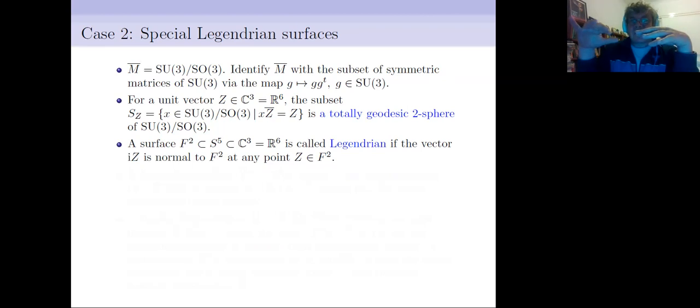So you have a 2-dimensional surface in your sphere, which is a 5-dimensional sphere in C3. You have multiplication by i, which is of course your complex structure, and then you take the position vector of a point on your surface, multiply by the complex structure, and you get something which is normal to your surface, not only normal to z itself, which is always true, but also to your surface.